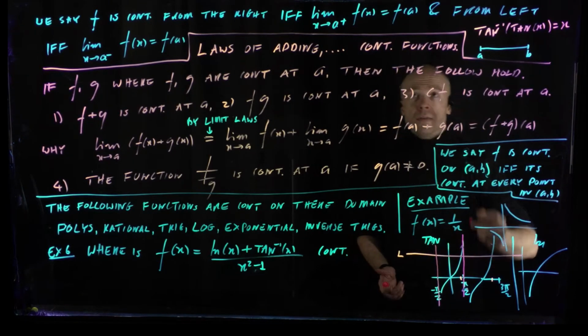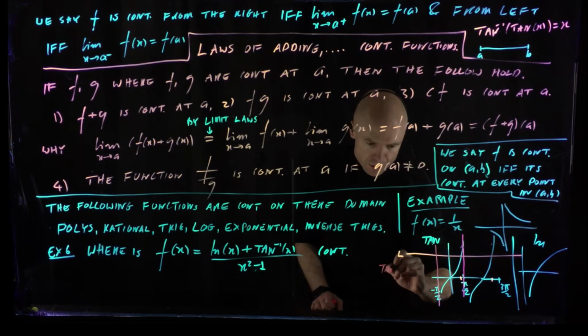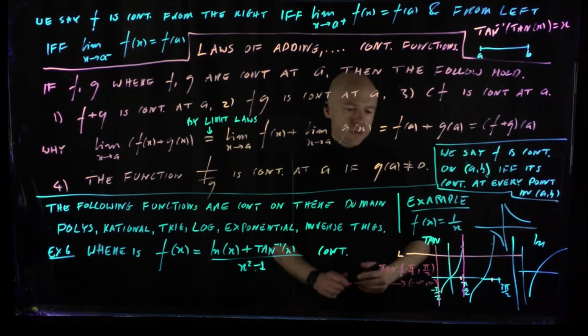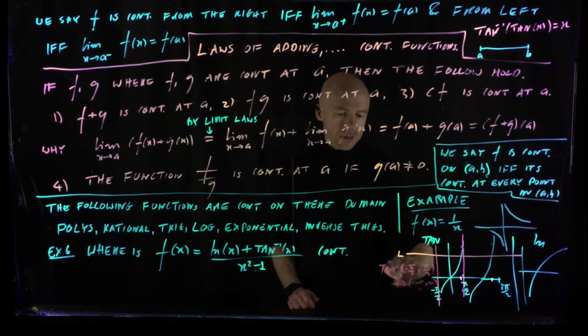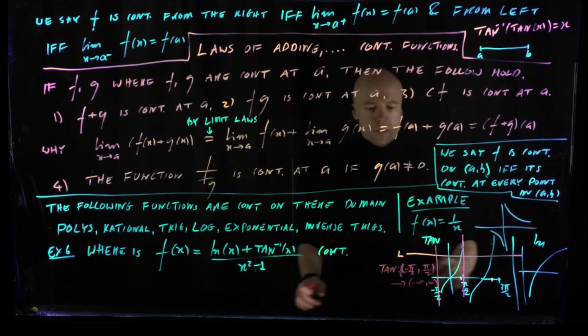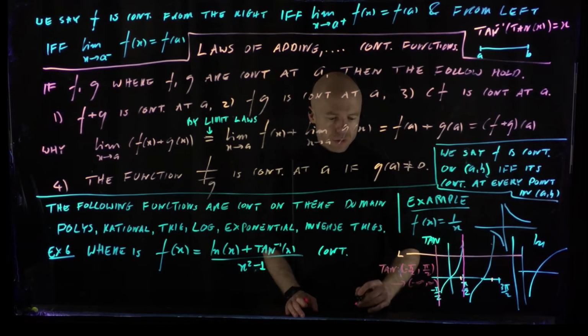So tan sends minus pi over 2, just do an open interval, to pi over 2, all the way to minus infinity to infinity, okay? And the inverse is going to do the reverse. It's going to send minus infinity to infinity all the way to, or squeeze it down to minus pi over 2 to pi over 2, right?